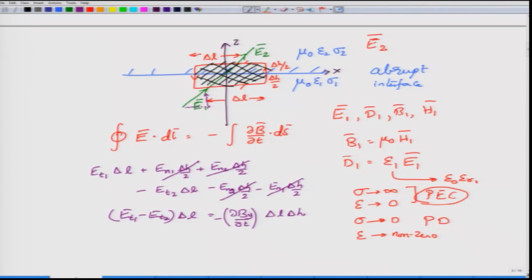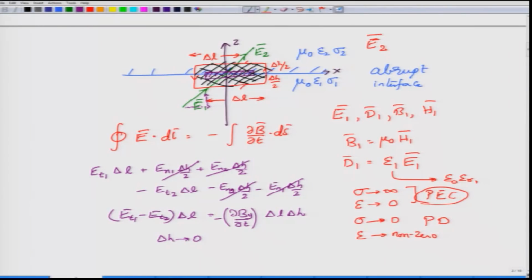So, this is the right hand side of this expression, and what I do now is take the limit of delta h going to 0. This means I make this loop hug this x axis, or the plane of interface, very tightly, so that delta h goes off to 0.